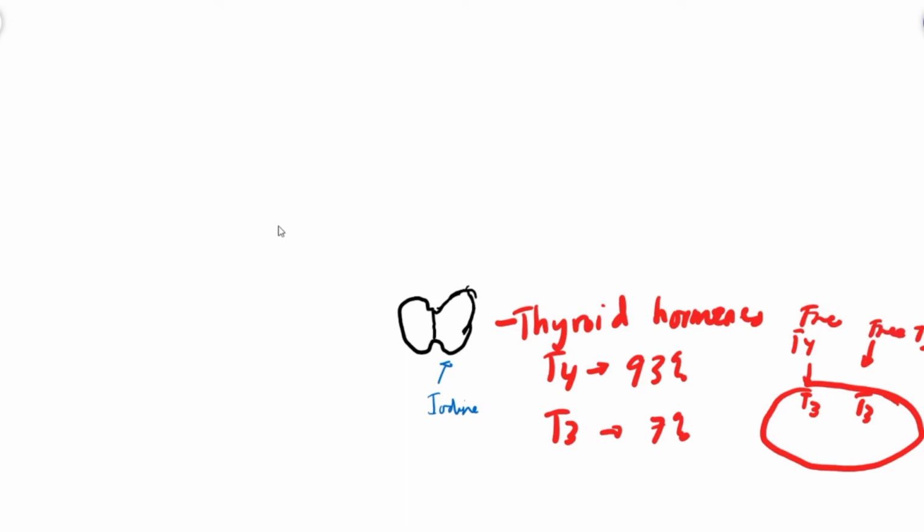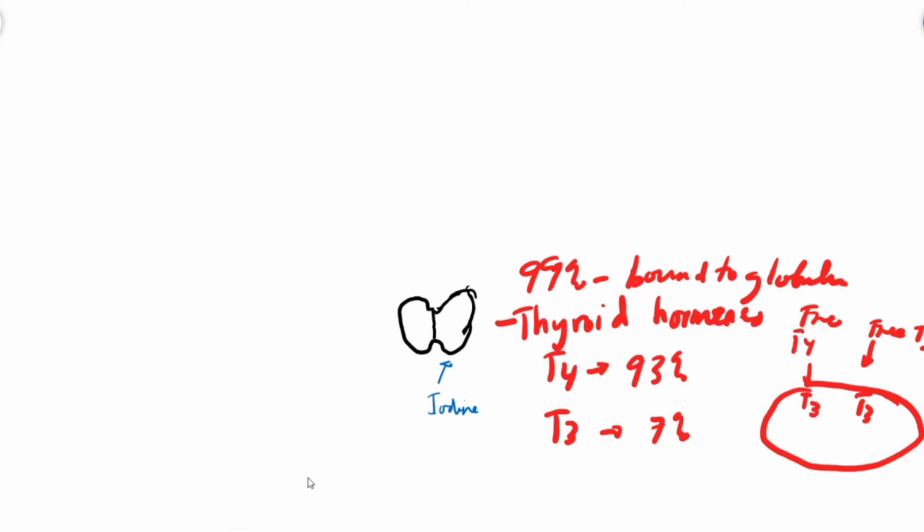The reason I say free T4 and free T3 is that 99% of all the thyroid hormones are bound to protein, the majority of which is globulin. So they have to be unbound and become free and then enter the cells. Only 1% is free, which is a very small percentage.